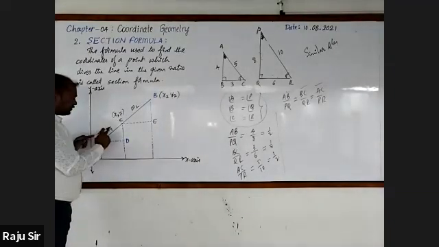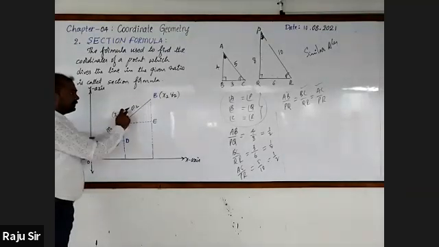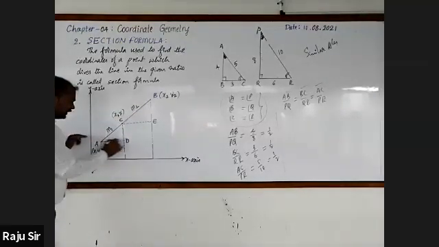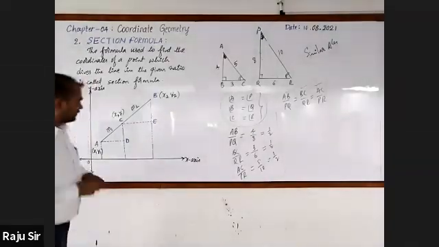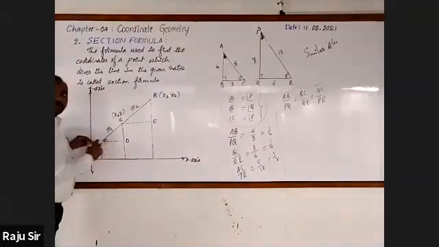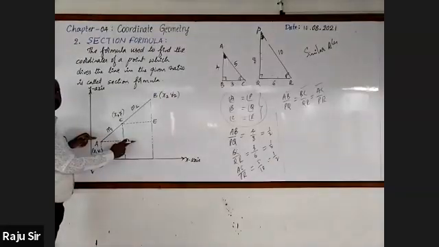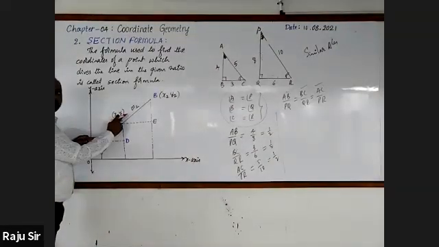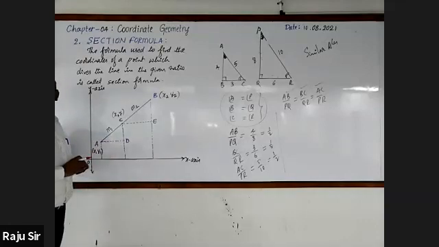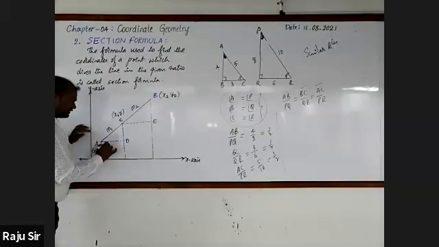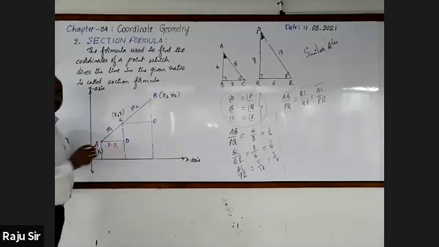Here AC is known, BC is known, but AD is unknown. AD, on the axis of horizontal distance. Here is Y, here is X1. What is the distance from A to D? X minus X1. Hope you are understanding.